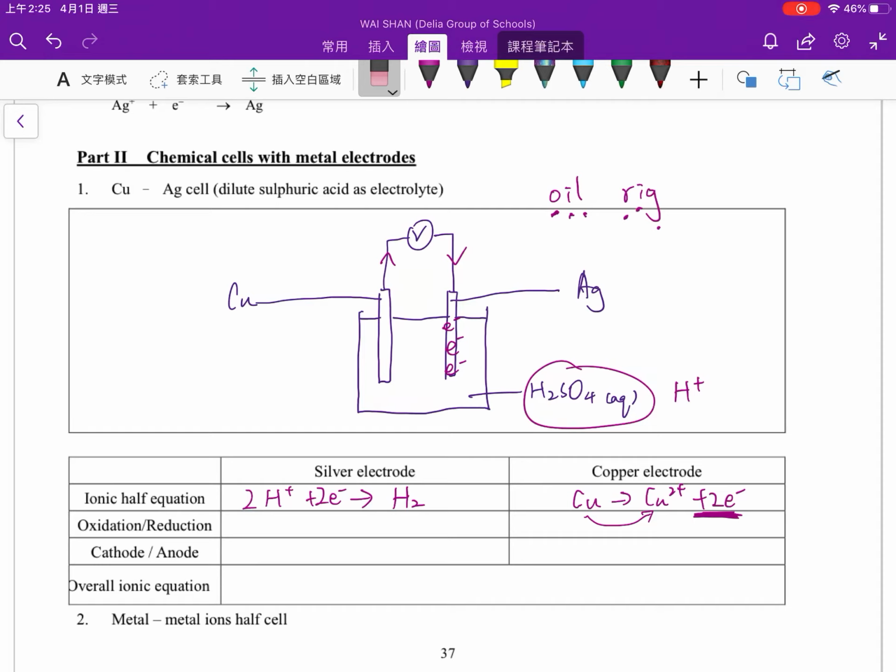The 2 electrons will be transferred to the external circuit. So it is oxidation, and because of An Ox, Red Cat, it's the anode. For the other one it's the opposite, it's reduction and it's the cathode. And I think you can do the overall ionic equation.